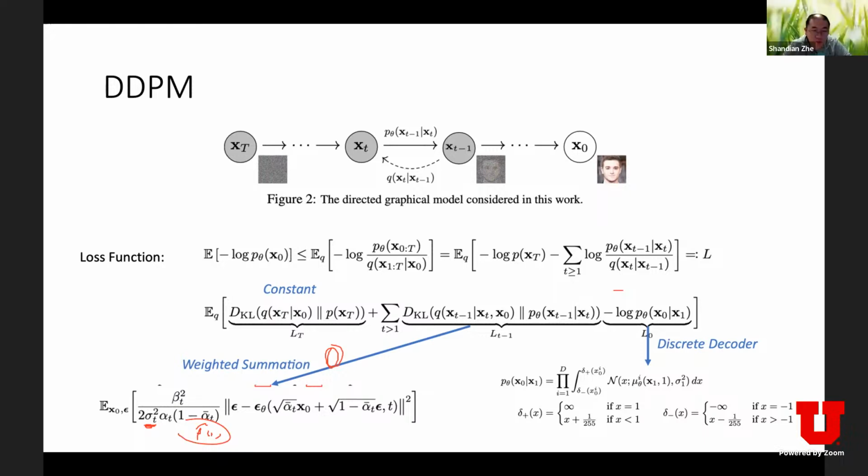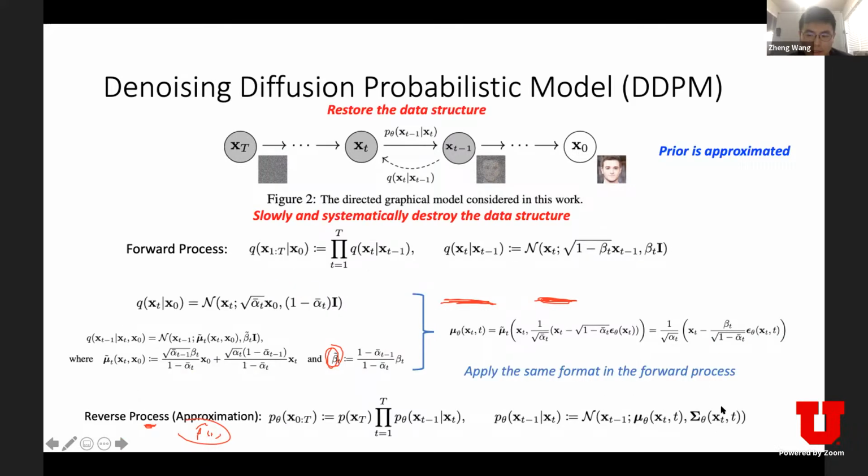Otherwise you don't use that, right? This one comes from the diffusion process, and this one is from the generation process, where your variance is. Sigma t, I think it must be the big sigma here.